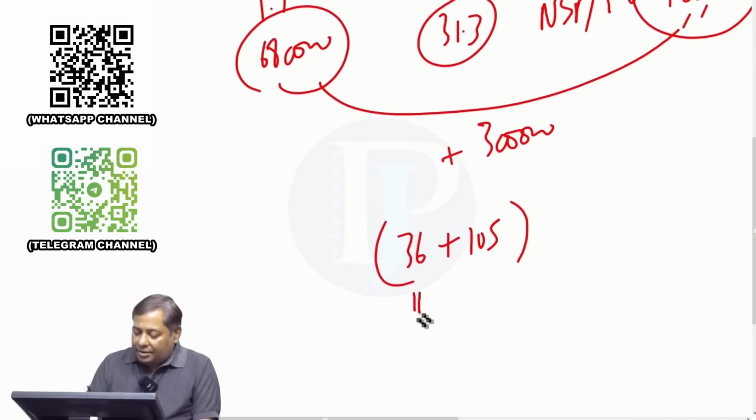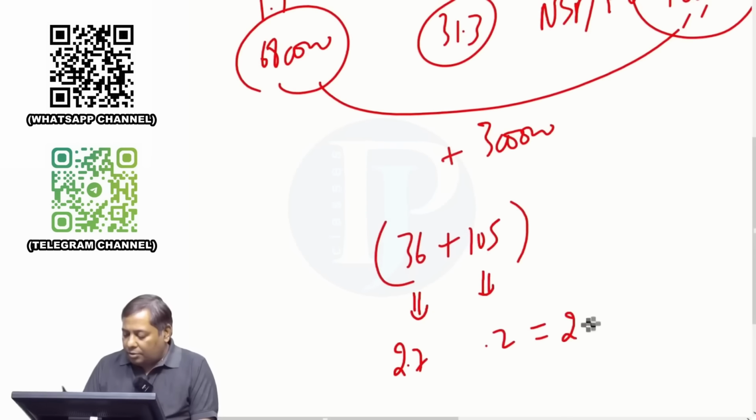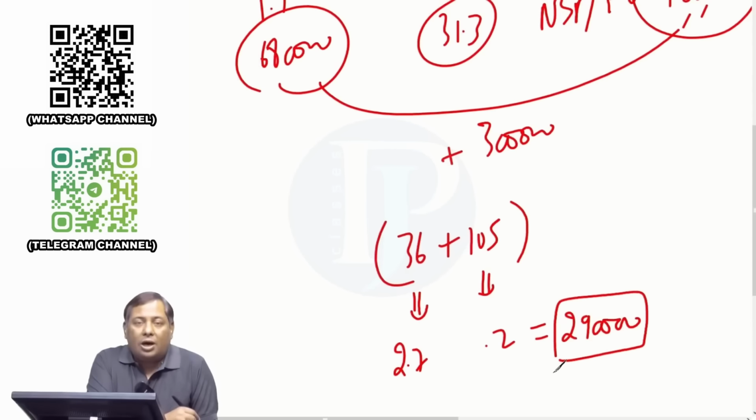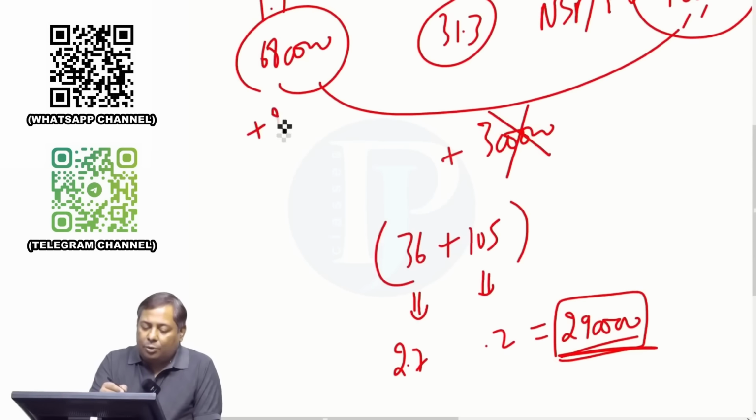In your example, you have 2.7 inside 36 and here 0.2 is 2 lakhs. So you had written off a loss of rupees 2 lakhs 90,000. You can reverse only 290. Here the appreciation is rupees 3 lakhs, which is not allowed. You can reverse the maximum 2.9. Then it is yours.